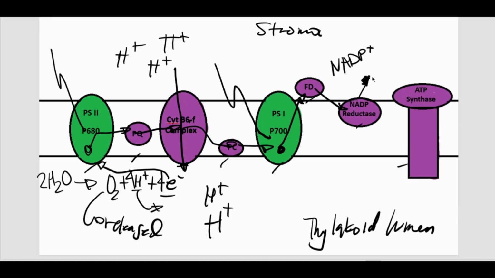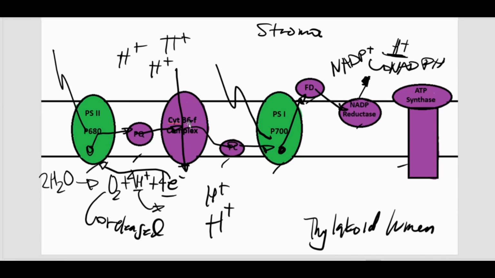Once the electron is accepted by NADP plus together with a hydrogen ion, we are going to have NADPH. When the NADP plus accepted the electron together with a hydrogen ion from the stroma, it will further increase the concentration gradient of hydrogen ions between the stroma and the thylakoid lumen.